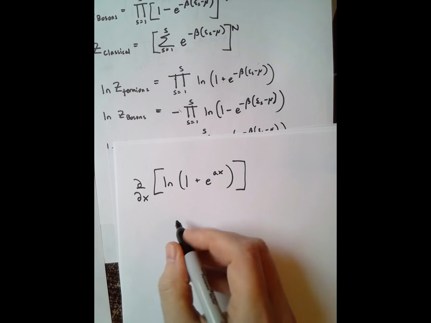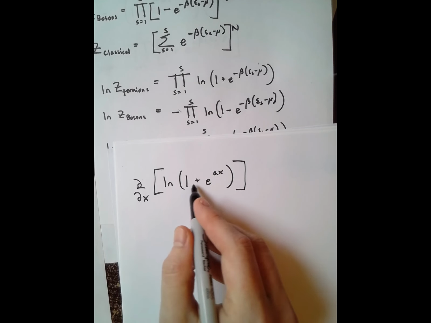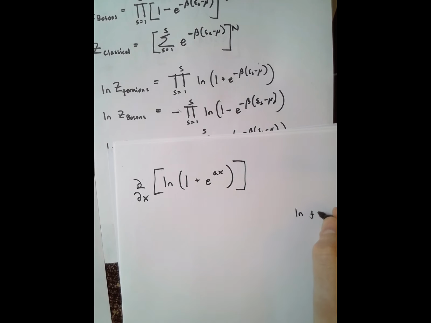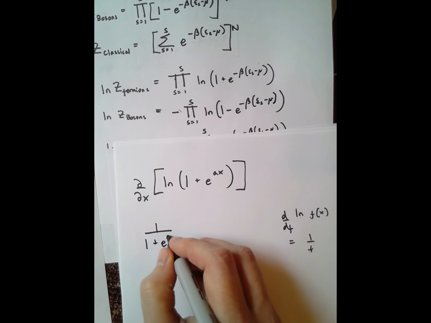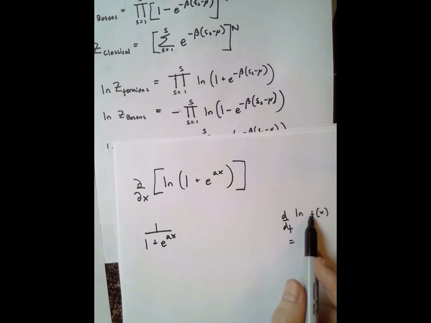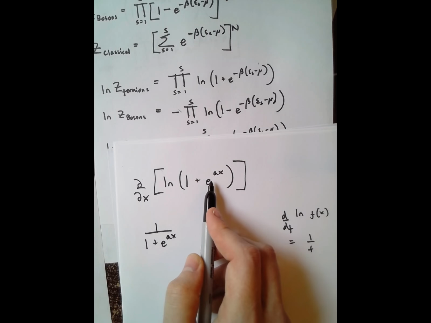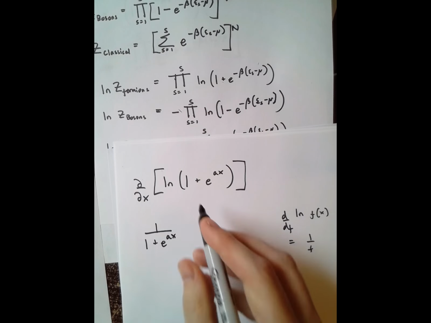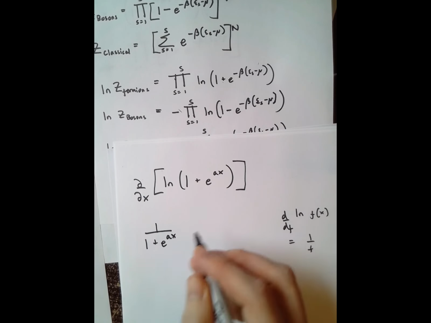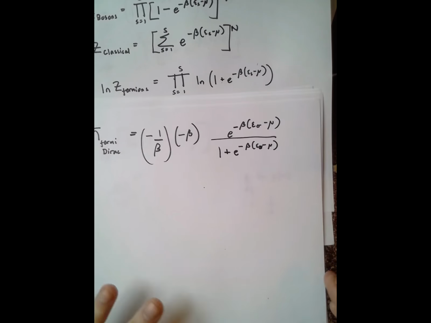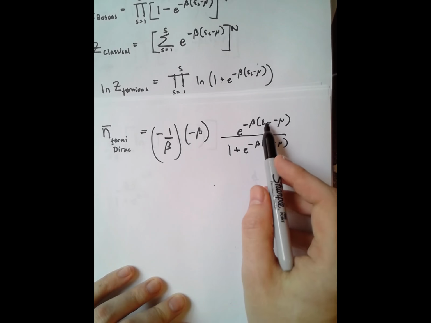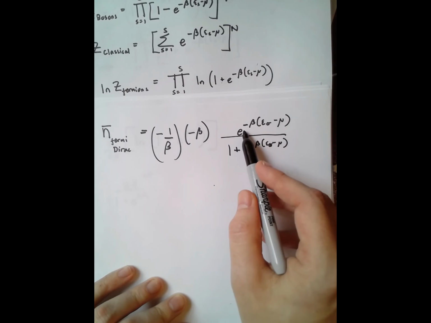The logarithm of a function of x, if I differentiate it with respect to f, is just 1 over f. So I get 1 over 1 plus e to the ax, because 1 plus e to the ax is my f. But I have to then differentiate the function itself, differentiate f of x. The differential of 1 plus e to the ax is a e to the ax. So that's what I've done here. Right, this is my a. This is my differential of 1 plus e to the this.